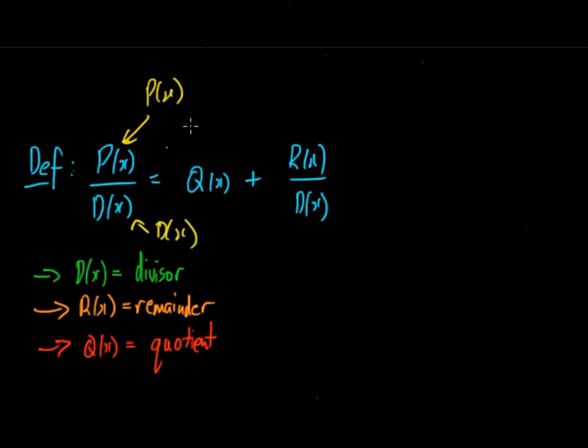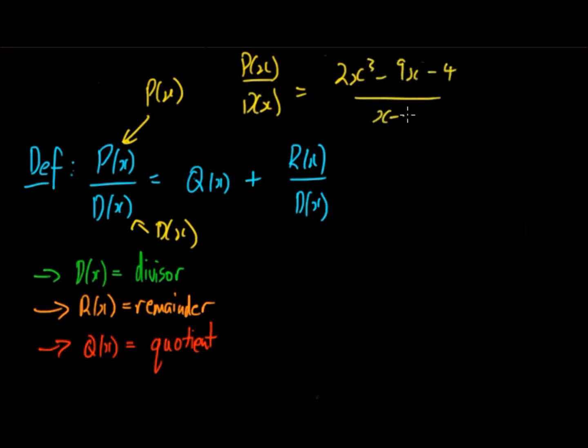So P(x) over D(x) could look something like 2x to the 3 minus 9x minus 4 over x minus 3. At the top you have the numerator and at the bottom you have the denominator. The top one is the polynomial, and the bottom we're calling the divisor.